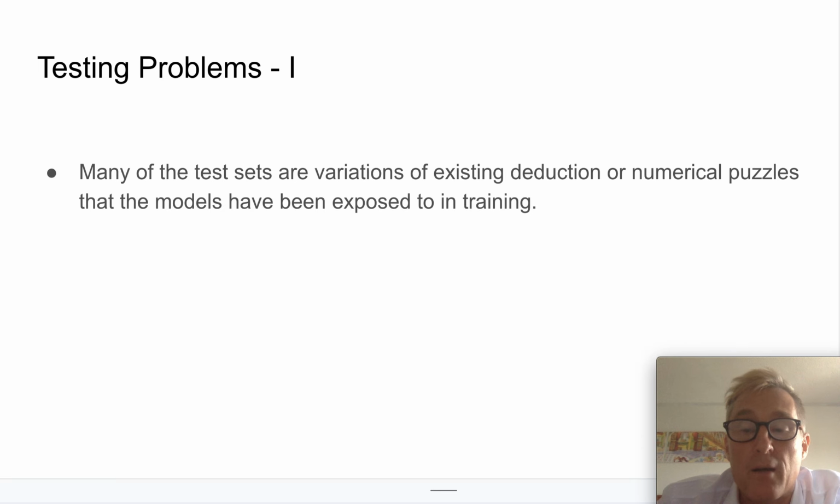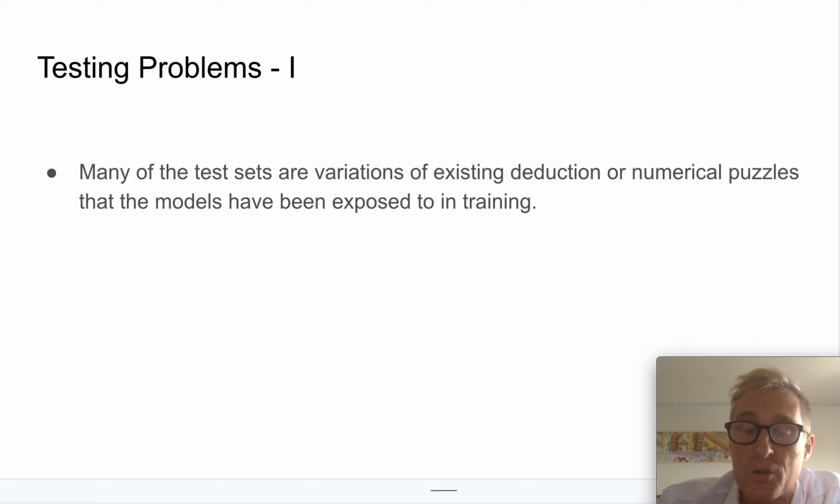So this should highlight, aside from the fact that reasoning means many, many different things, there are a variety of different problems we have when we're trying to test reasoning inside artificial systems. So many of the test sets that you might be looking at are variations of existing deduction and numerical puzzles that the machines have been exposed to in the training data sets.